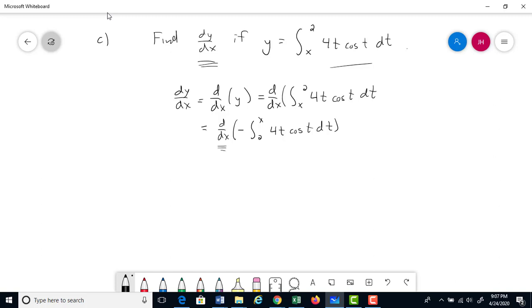And what's nice about derivatives is constants can come out. So this is minus the derivative with respect to x of the integral from 2 to x of 4t cosine t dt. Now we have what we want, the derivative of the integral. But this function of t is going to turn into a function of x. So it's minus 4x cosine x, and we're done. Now one more.